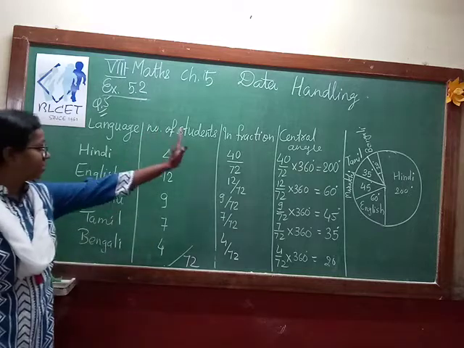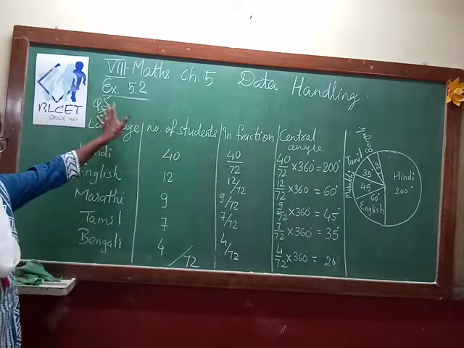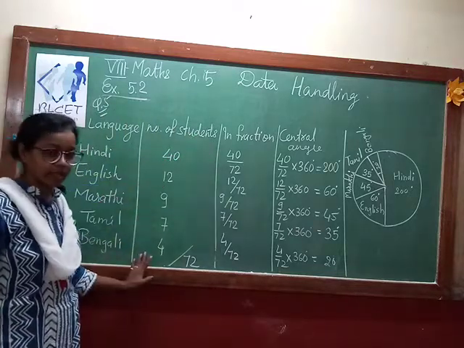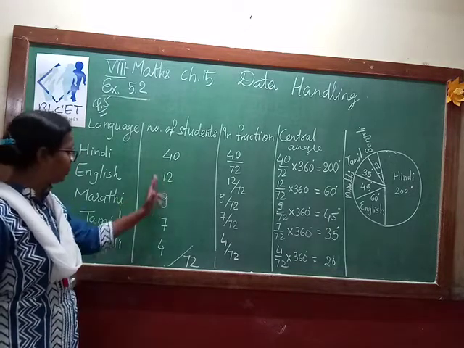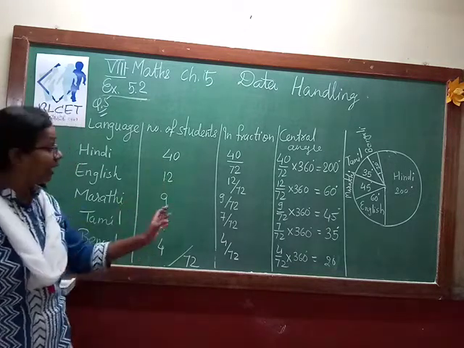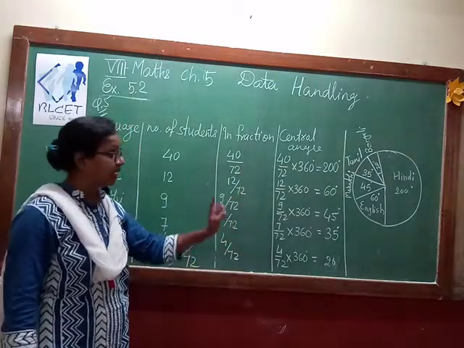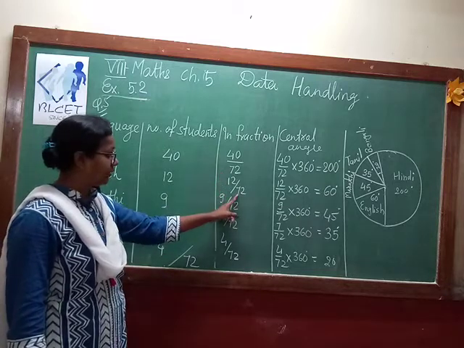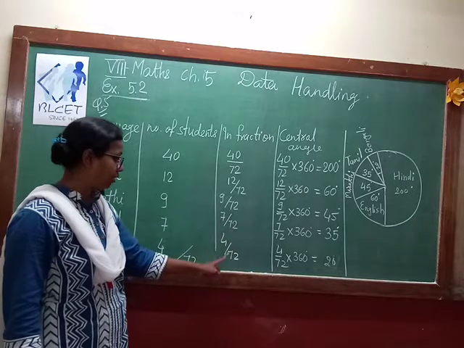So this much data is already given, that is languages spoken by the students and number of students who speak them. As we already know what we have to do, we have to convert whatever data is given into fractions. I am not converting them but writing in terms of fractions: 40 out of 72, 12 out of 72, 9 out of 72, 7 out of 72, 4 out of 72.